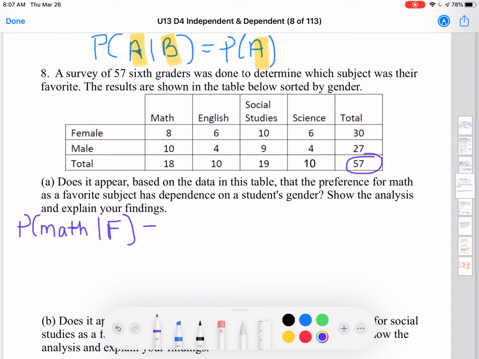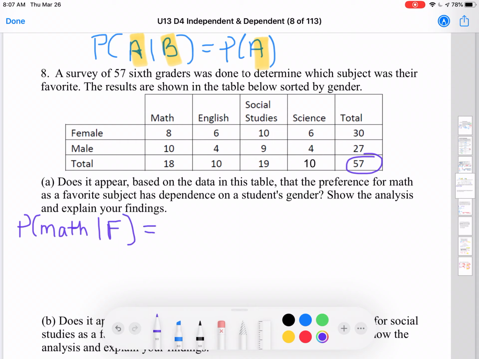Now if I choose that, look at your formula up top. If I choose to do math given female, what am I setting it equal to? The probability of math. Okay, yesterday's lesson, change this over. Probability of math and female divided by the probability of female, and set it equal to the probability of math.